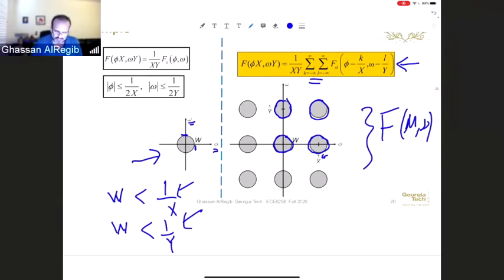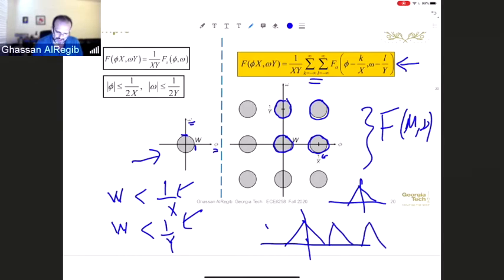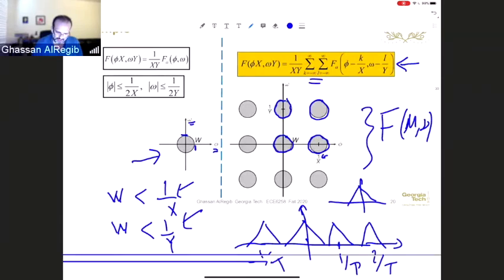As a refresher, the most common example that you most likely covered in your undergrad class was when the spectrum looks something like this triangle, and then when you sample, you bring it here, and then here, and then here, and so on. This is the frequency domain, and this here is 1 over T, this is 2 over T, this is negative 1 over T, and so on. So you have that in the 1D case.